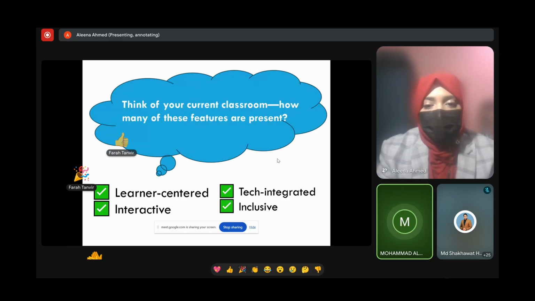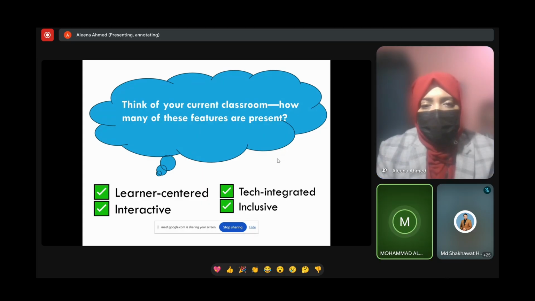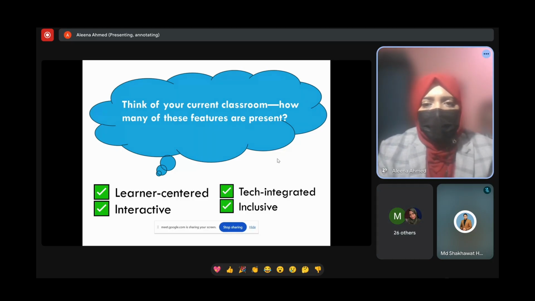I think learner-centered, interactive, and inclusive. All right. It is inclusive and it is learner-centered. And you don't have technology in your classroom? Well, it's just, I mean, something basic. All right. And anybody else want to participate?